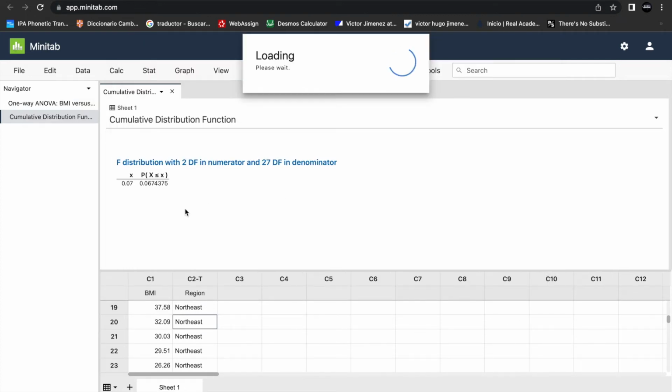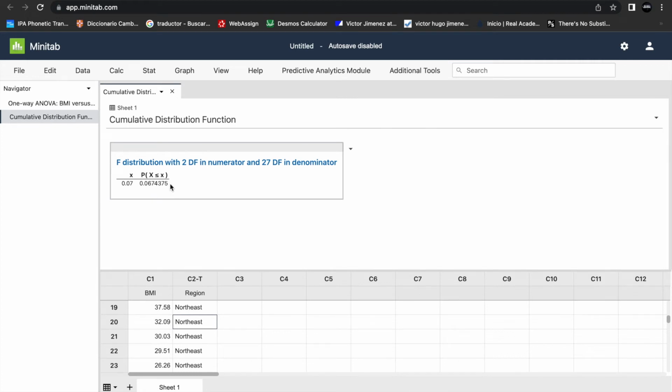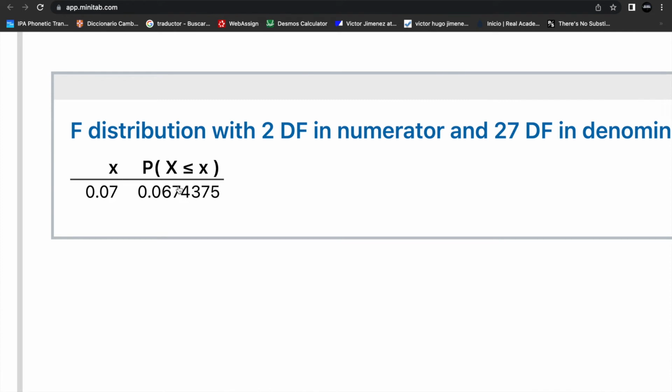Okay. Minitab is going to give you the probability that F is less than or equal to F observed.